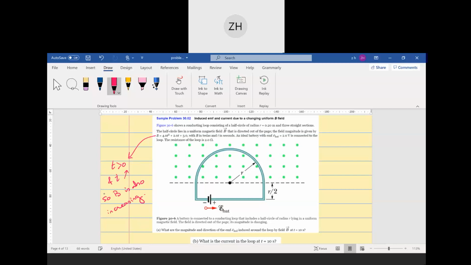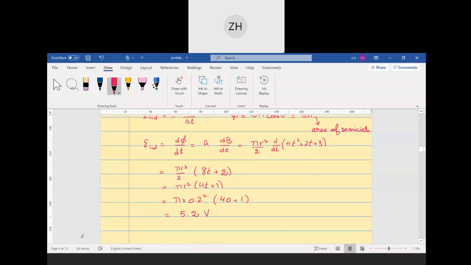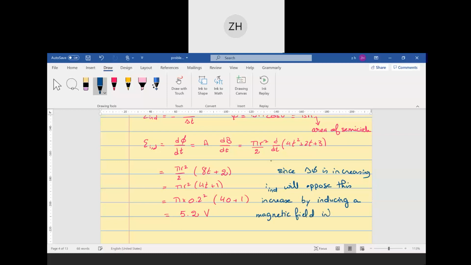So since the magnetic field is increasing, then the flux is increasing. Since the flux is increasing, I induced will oppose this increase by inducing a magnetic field into the page, because we know that the initial magnetic field is out of the page.